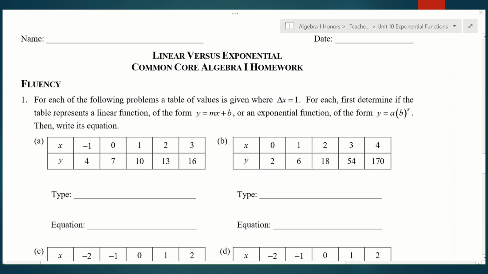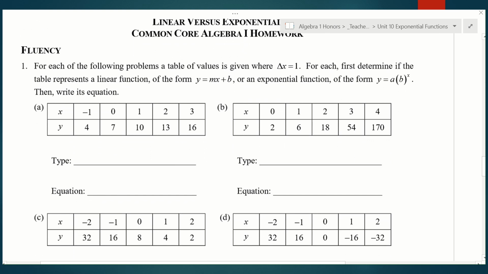So number 1 says, for each of the following problems, a table of values is given where the change in x equals 1. For each, first determine if the table represents a linear function of the form y equals mx plus b, or an exponential function of the form y equals ab to the x, and then write its equation. Okay, so in A, let's look and see how our values are changing.